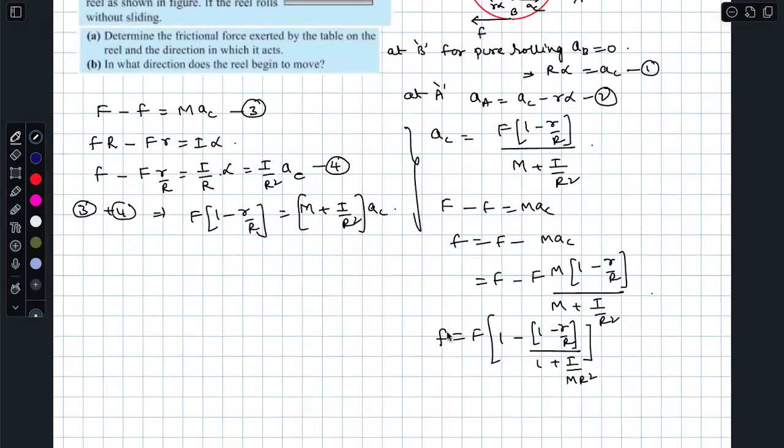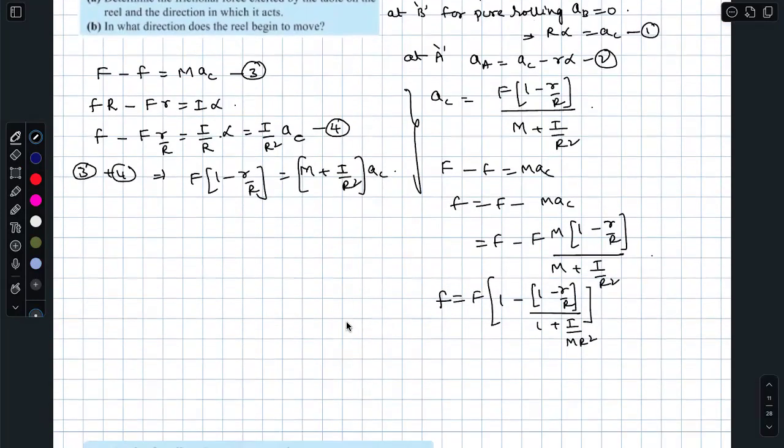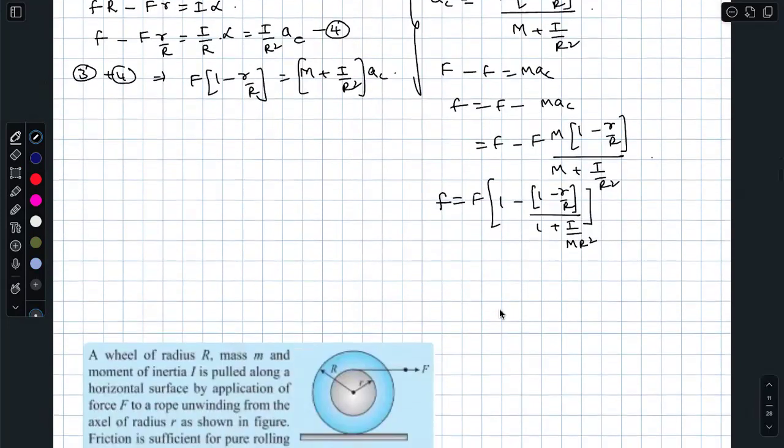In what direction does the reel begin to move? Rightwards, obviously. But one condition you need to check: this term must always be less than 1, which means so long as 1 minus small r by capital R by 1 plus I by mr square is less than 1, f is rightwards.